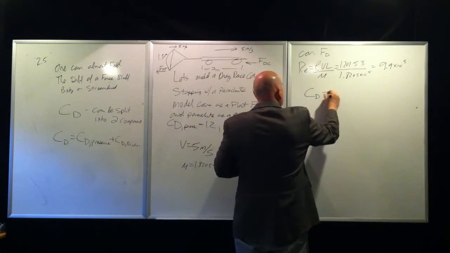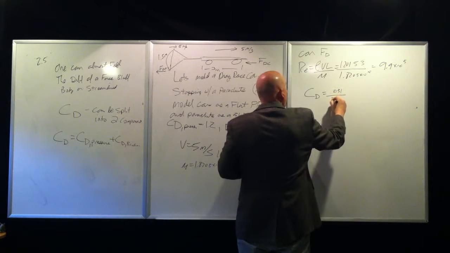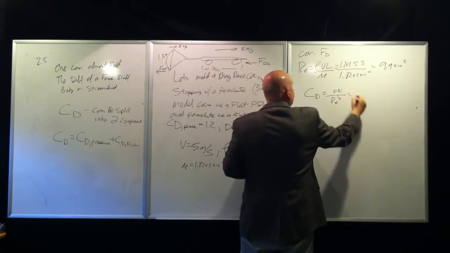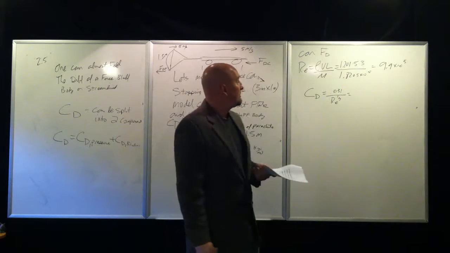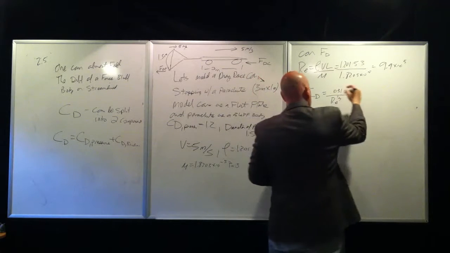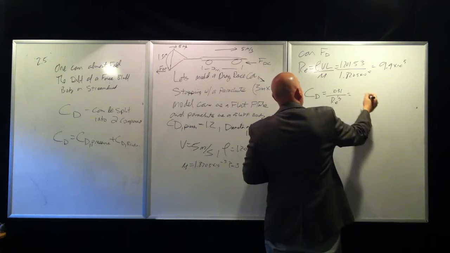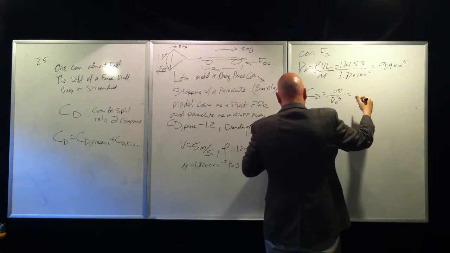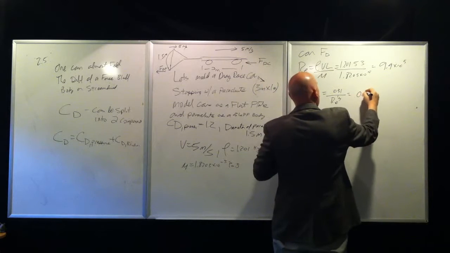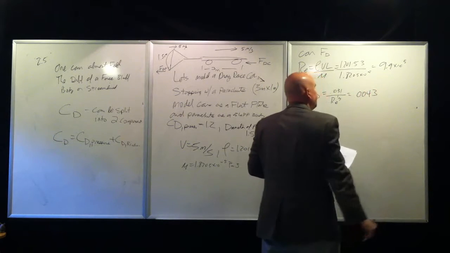Coefficient of drag equals 0.031 divided by the Reynolds number raised to the 1/7 power. Taking 0.031 and dividing by the Reynolds number to the 1/7, you get a coefficient of drag of 0.0043.